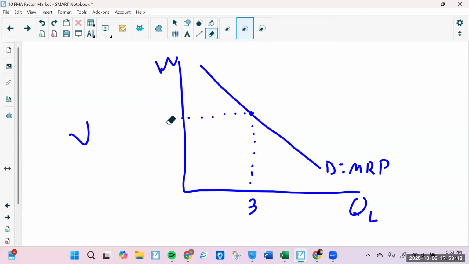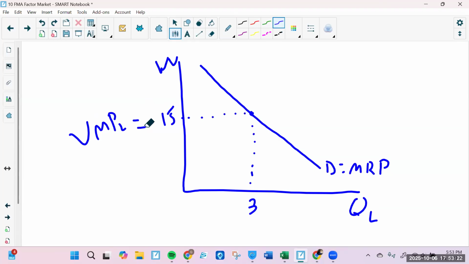So if this number is $15, then the VMPL is also equal to 15. It's the value that that third worker is bringing in. This whole curve is the demand curve. The VMPL is for that worker. It's kind of like the difference between, no, never mind. It's an advanced concept.